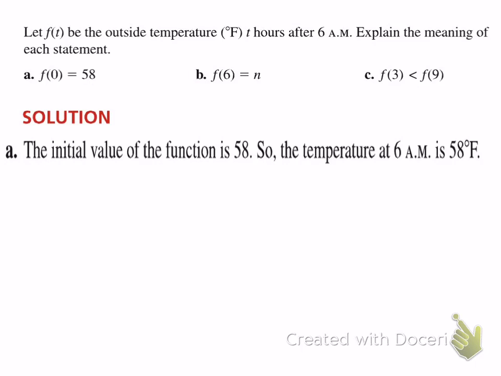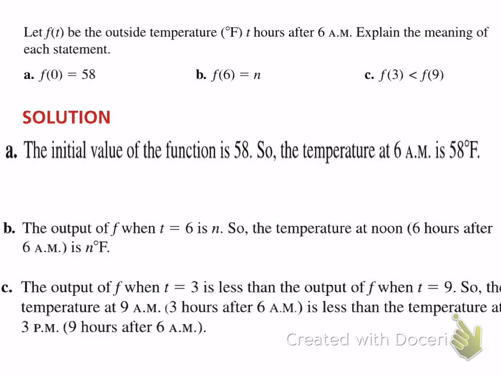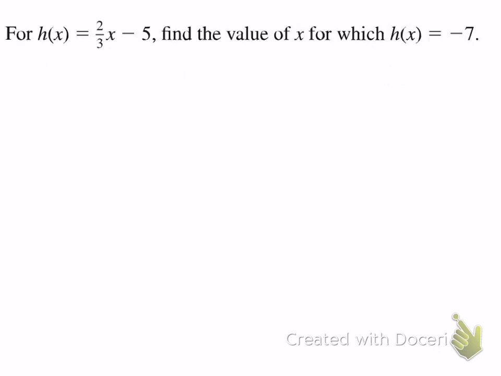Yes. Okay, so you're starting to understand this kind of language? So really remember, this is my domain, and my domain is T, and T is hours after 6 a.m. All they want you to do is make sense of this phrase. That's it. There's nothing to do with this. All right, here's something else you're going to see in your homework tonight.